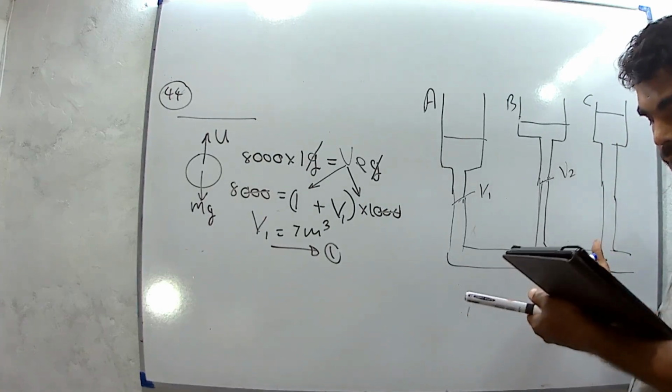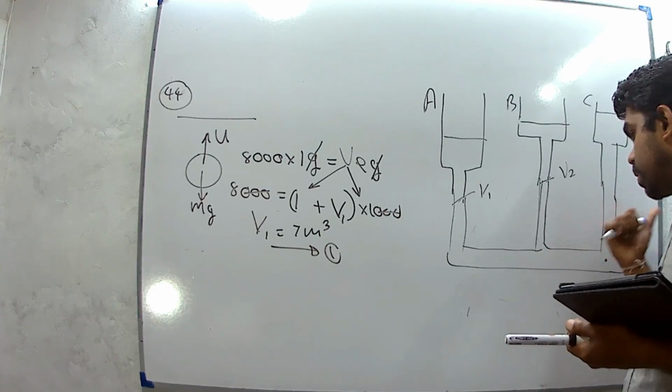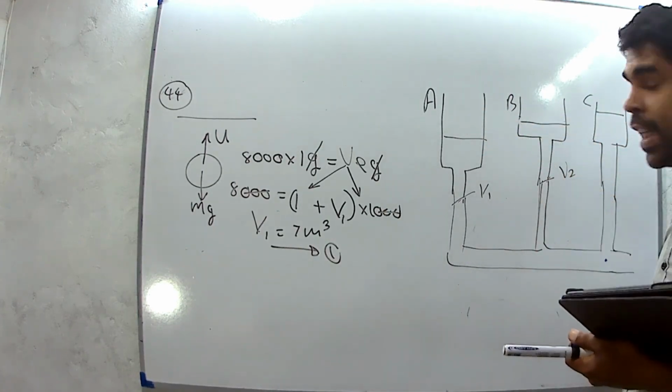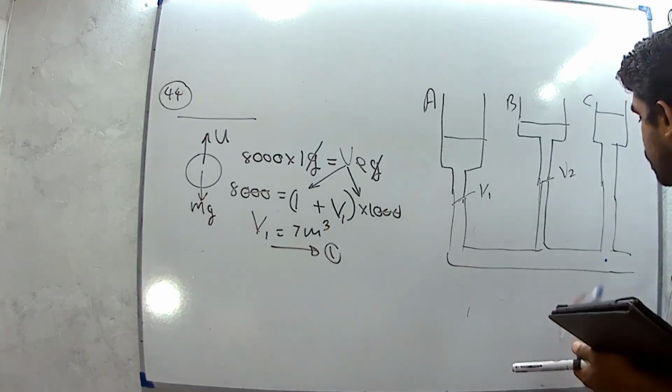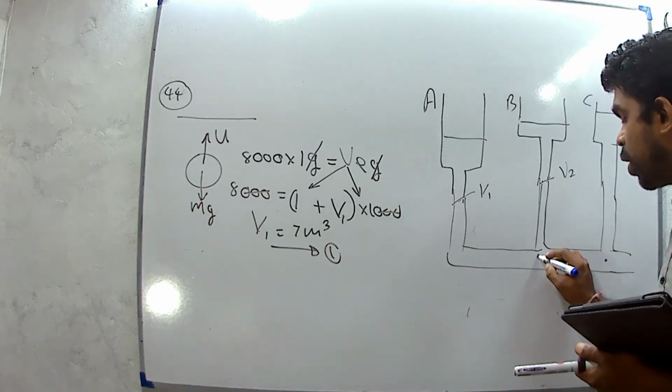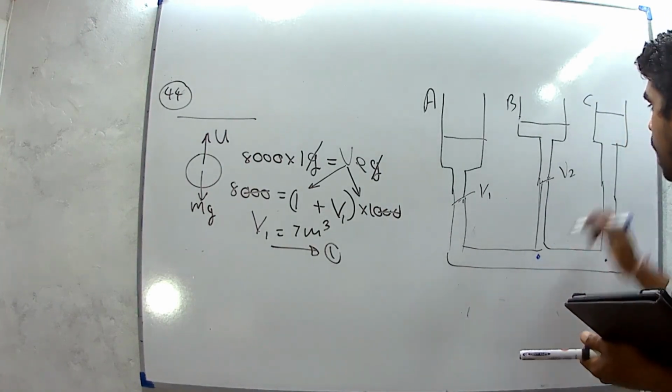Therefore, water will not flow due to B and A for the initial condition. This pressure is greater than this one, the pressure at this point.